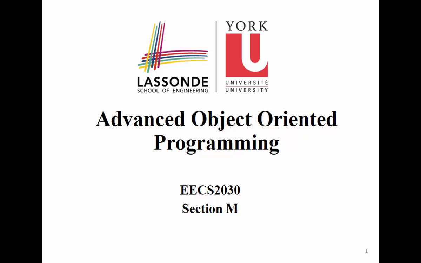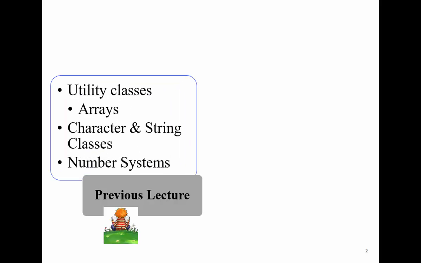Okay, good afternoon again. So we will start by reviewing the topic we discussed last lectures. We discussed the utility class, and we mentioned that for a utility class, we group some functions that we need to do some manipulations, and we don't need to create an object from that class.